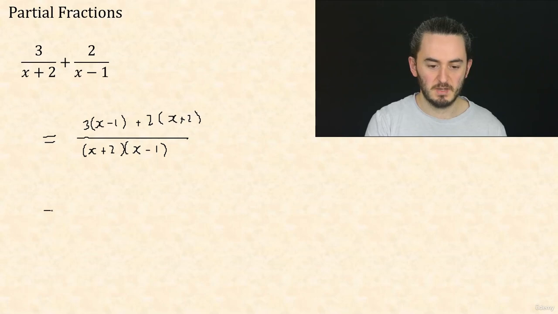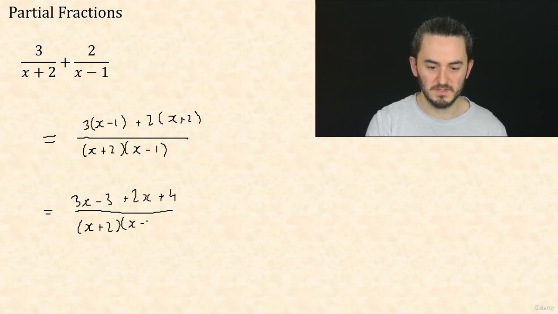We would neaten things up, so expanding that numerator, I've got 3x minus 3, and plus 2x plus 4. And all of that is going to be divided by, and I won't bother to expand the denominator, although I could if I wanted. And then finally, all tidied up, that gives us 5x plus 1 over x plus 2, x minus 1.